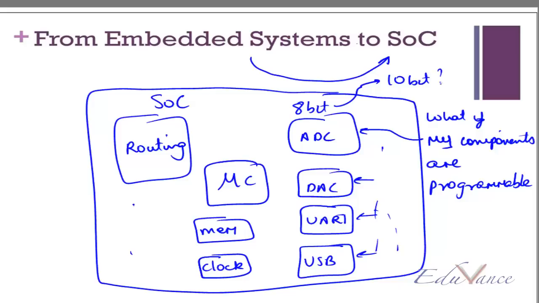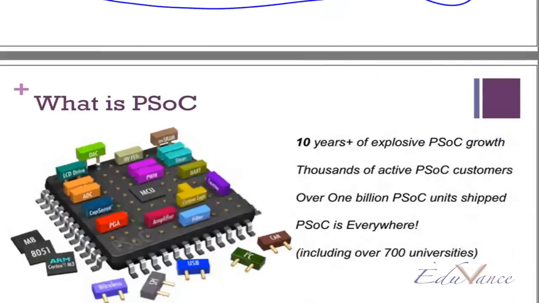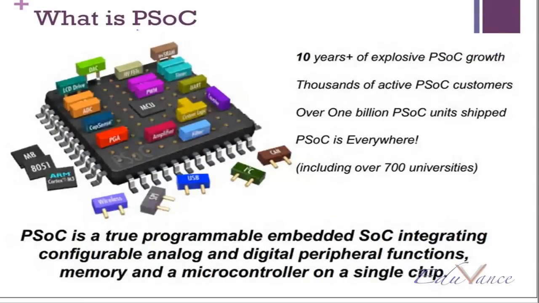Can I do that? If I have my DAC with an output range of 0 to 1 volts, but now I want to operate with an output range of 0 to 4 volts, can I do that? The answer is yes. And to do that, we would have to use something called a PSoC.